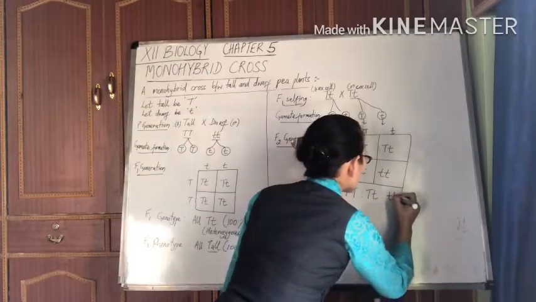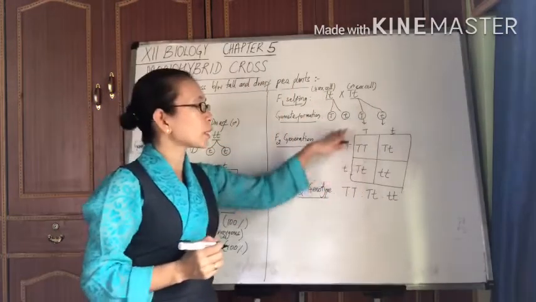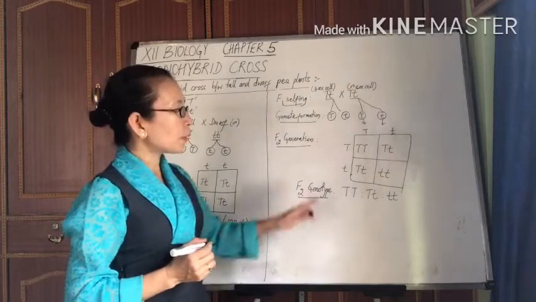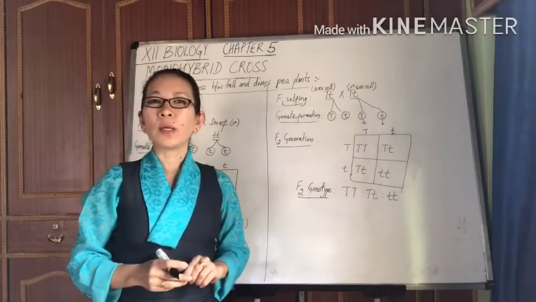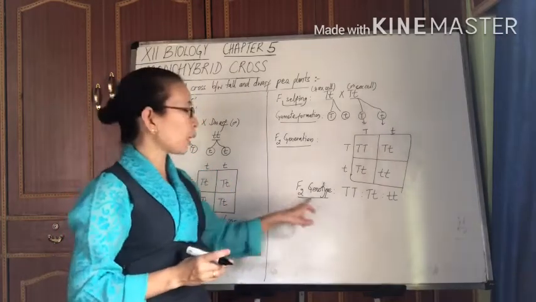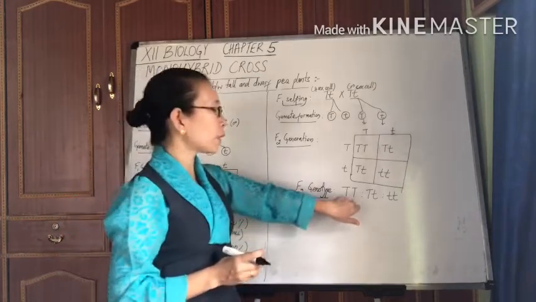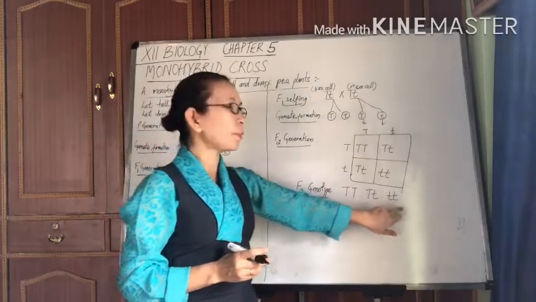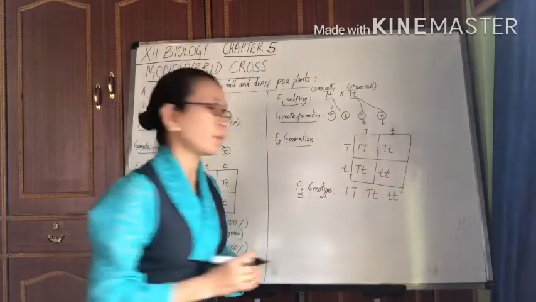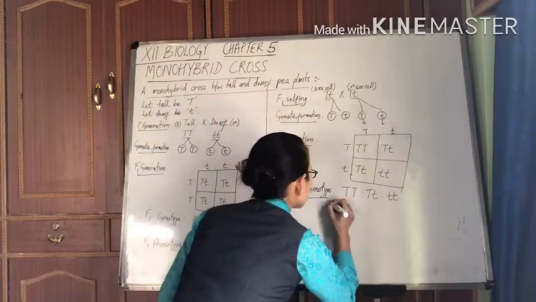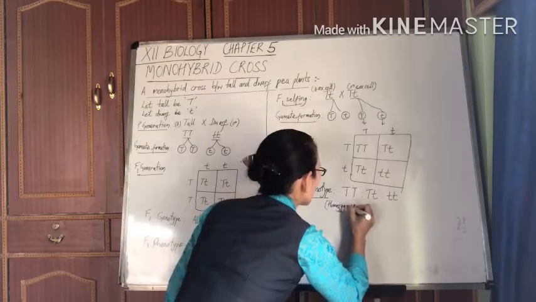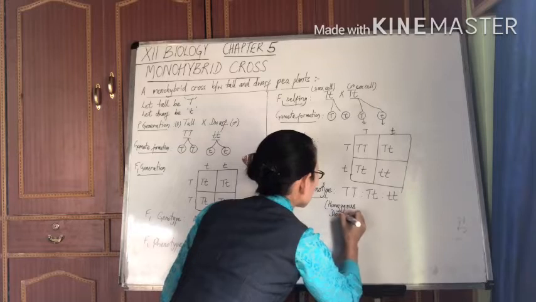So from such kind of a Punnett box use, we are able to predict three of the possible genotypes for F2 plants. It can be capital T homozygous dominant, it can be heterozygous, or it can be homozygous recessive. So this is homozygous dominant.